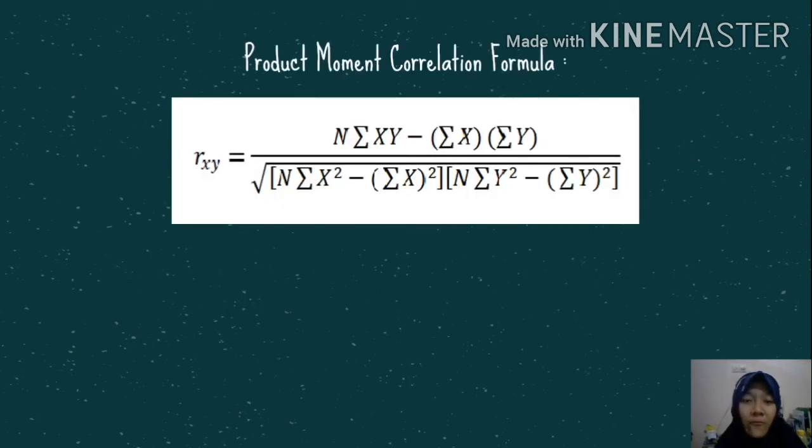This is the formula. r_xy equals n times the sum of x times y minus the sum of x times the sum of y, divided by the square root of n times the sum of x squared minus the sum of x, squared, times n times the sum of y squared minus the sum of y, squared.